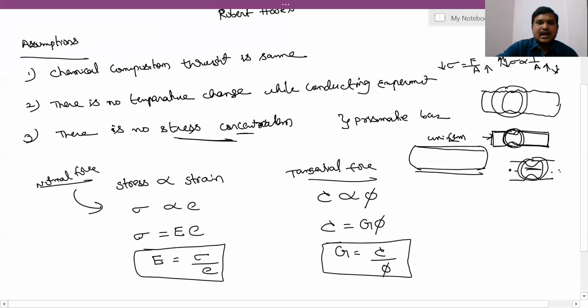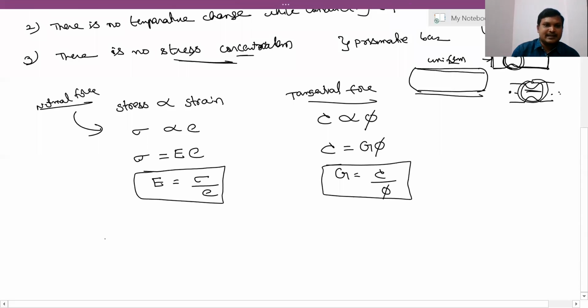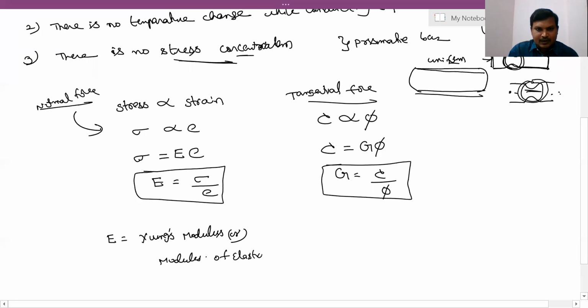Here E is the Young's modulus of the material, also called the elastic modulus or modulus of elasticity. Here G is called the modulus of rigidity.